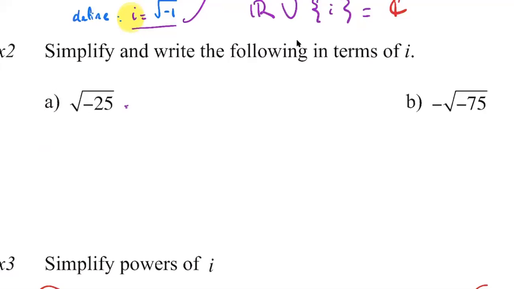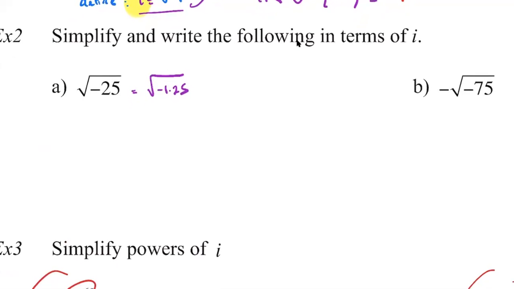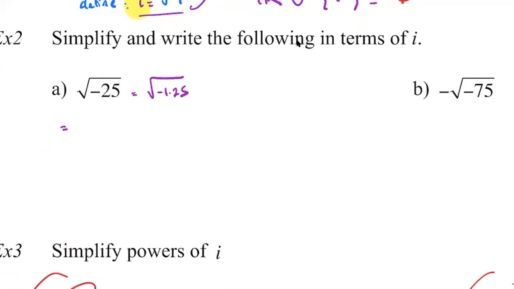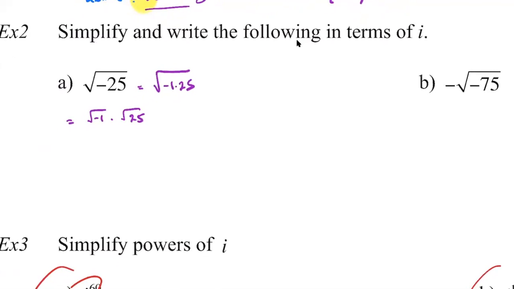So what we can do here is rewrite this as -1 times 25. And from there, let's take out the square root of -1. Knowing what the square root of -1 is, the way we define it, we just name that letter i.